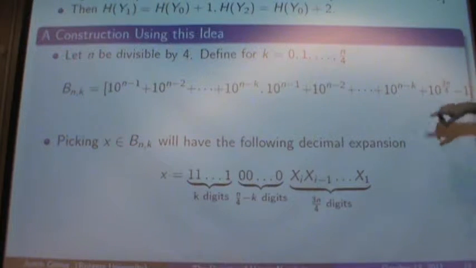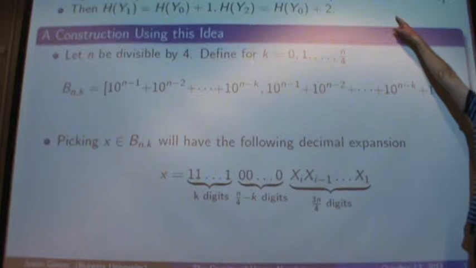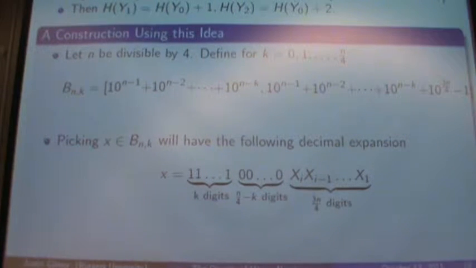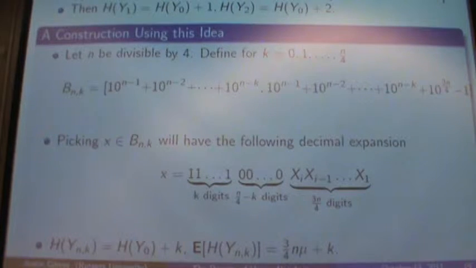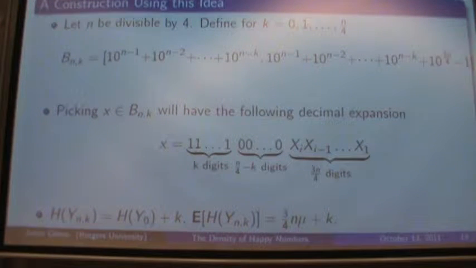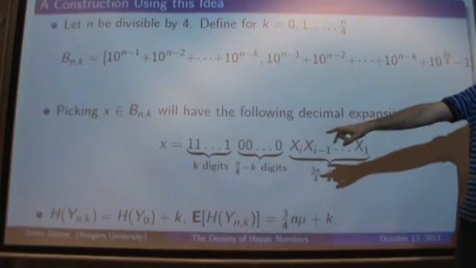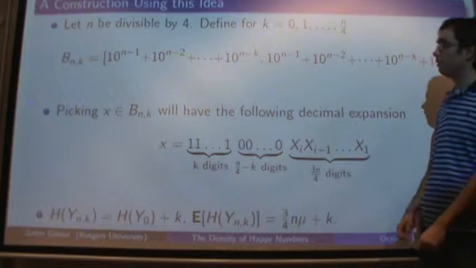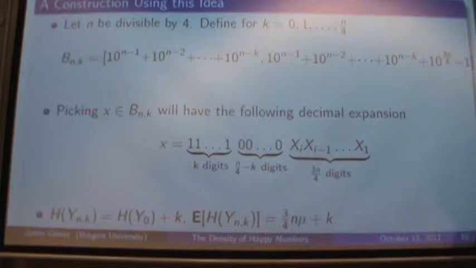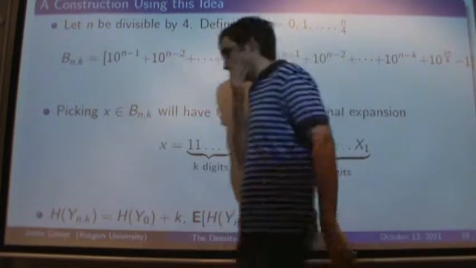In our case, say this one would be B(8,2). The image under h of these intervals is this: if Y_{n,k} is randomly choosing an integer in B(n,k), then the image h of Y_{n,k} is just Y_0 shifted by k. This works perfectly with the lemma that I just mentioned. So let me revisit.